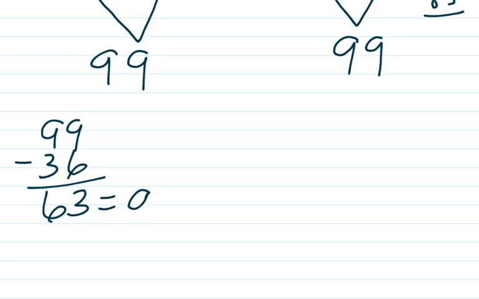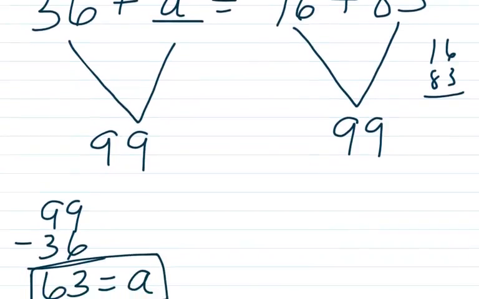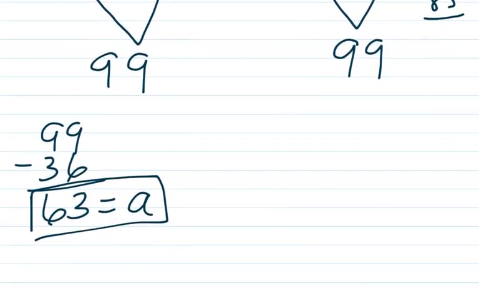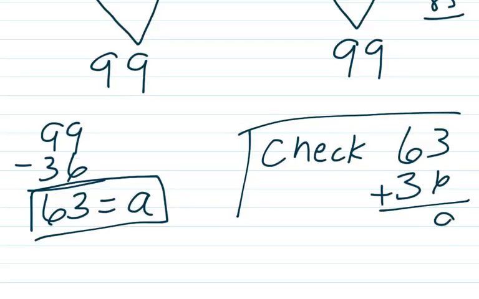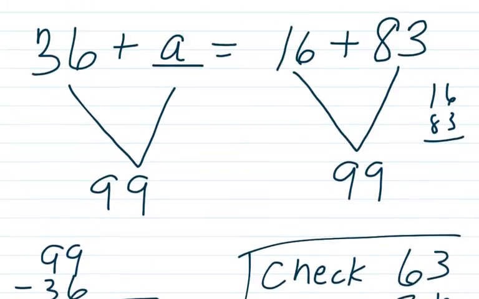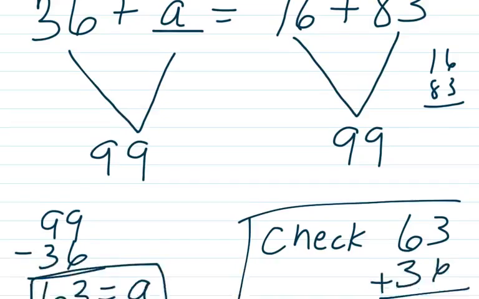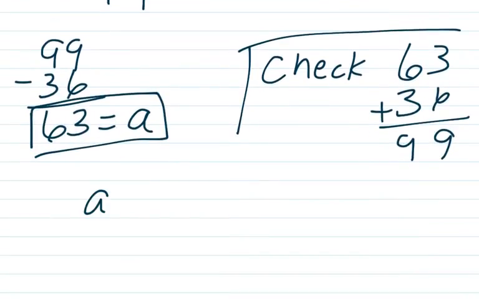So 63 = a. So let's go in and try it. We check our work, and 63 + 36 = 99. So that is a true statement that a = 63.